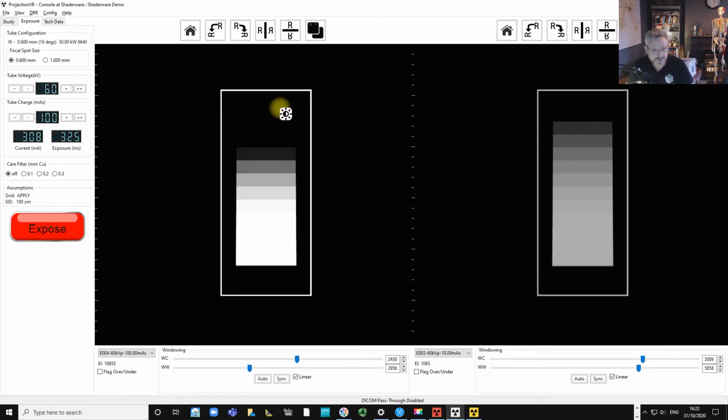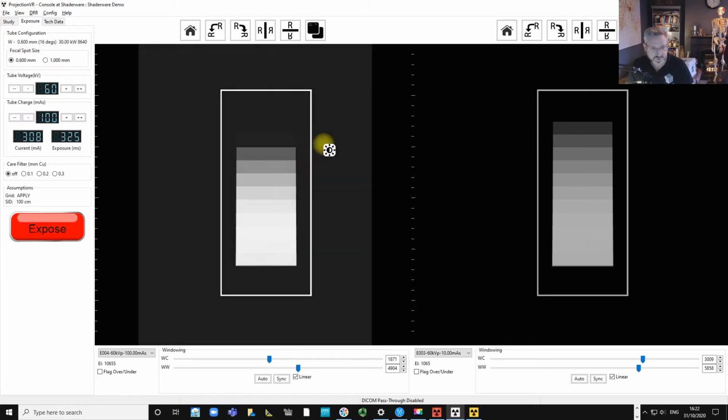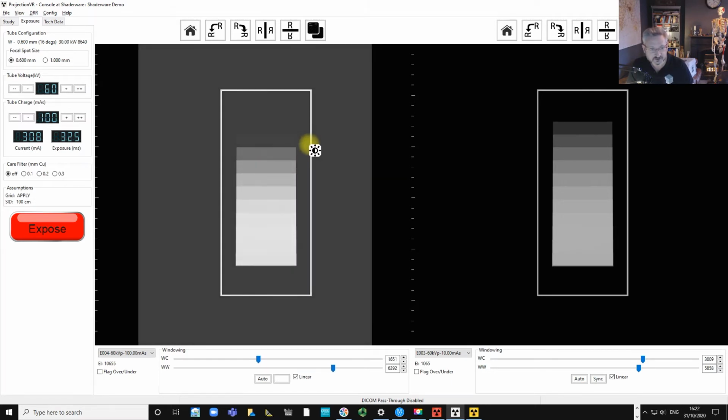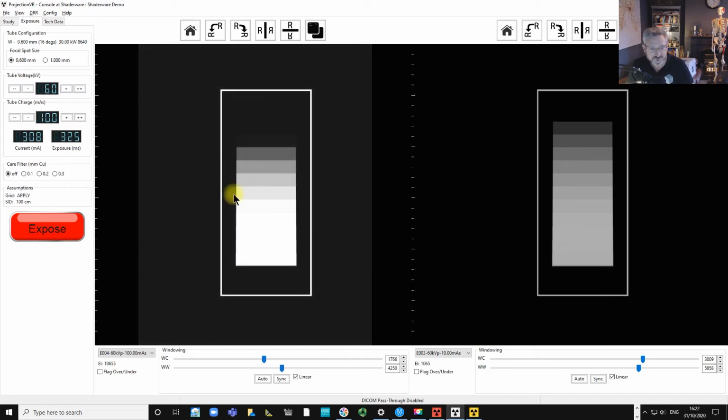Now, it doesn't matter how much I window this, I'm not going to get 11 steps. 1, 2, 3, 4, 5, 6, 7, 8, 9, 10. There is no 11th step.